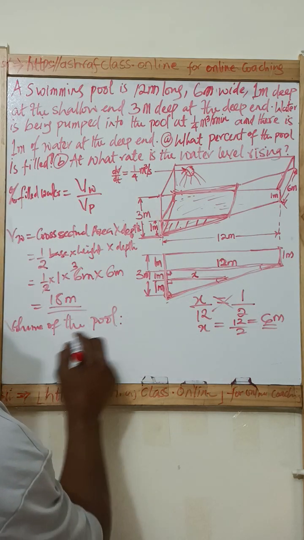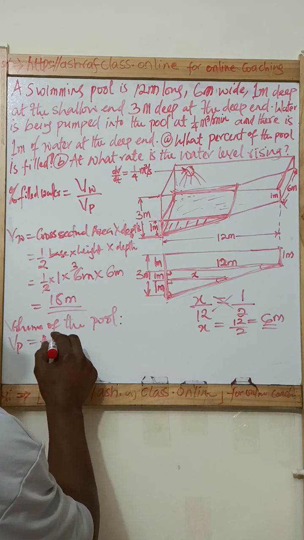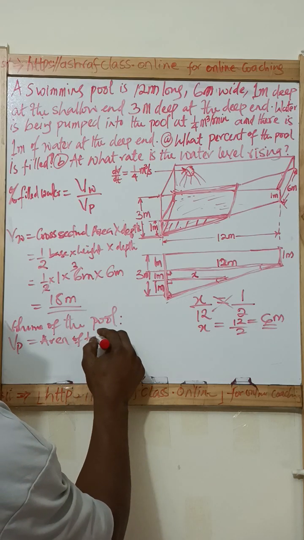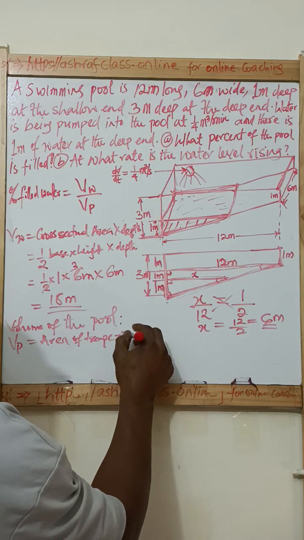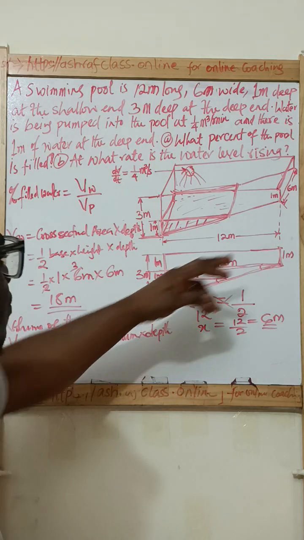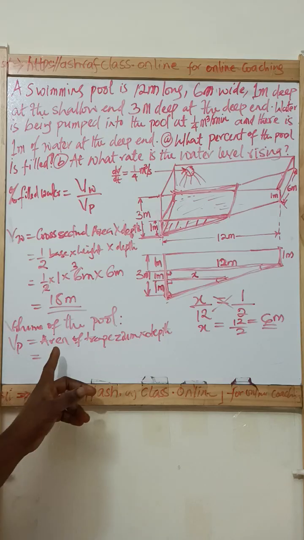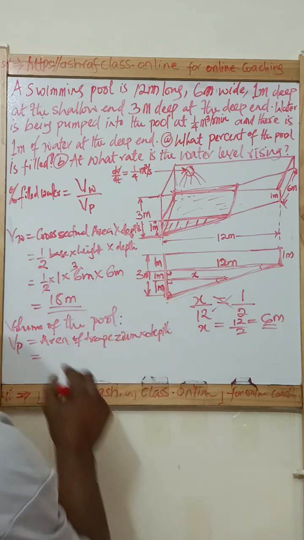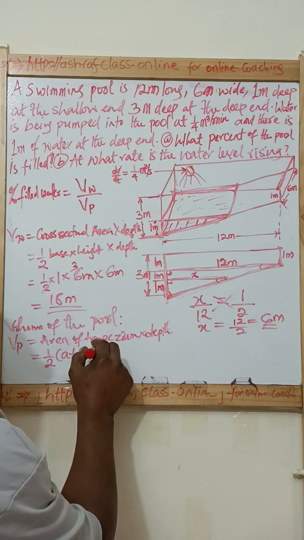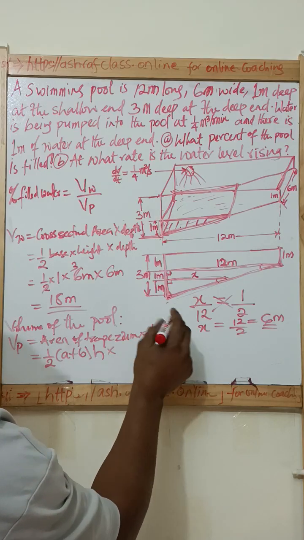So that would be the area of the trapezium times the depth. The area of a trapezium is half a plus b times height, then times the depth.